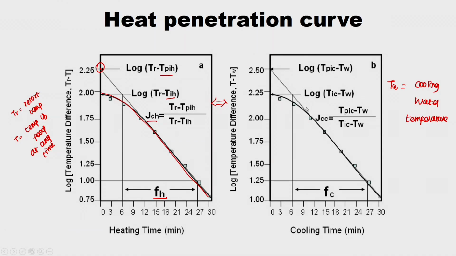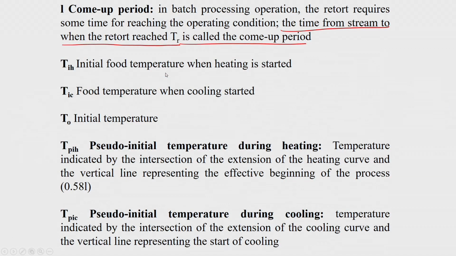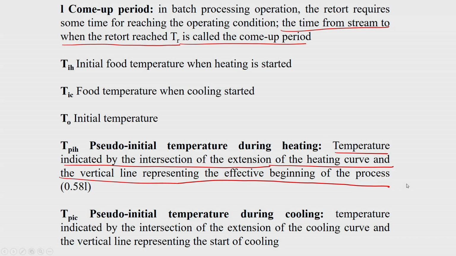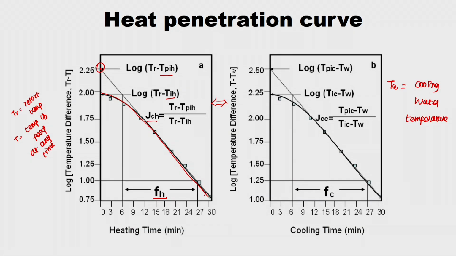So, what is TPIH, pseudo initial temperature during heating? This is nothing but the temperature indicated by the intersection of the extension of the heating curve and the vertical line representing the effective beginning of the process. So, this is my linear curve when it cuts the y axis. That is nothing but TPIH.